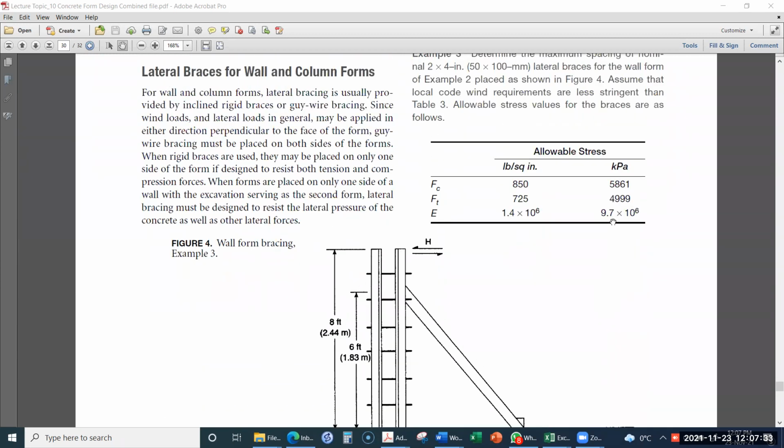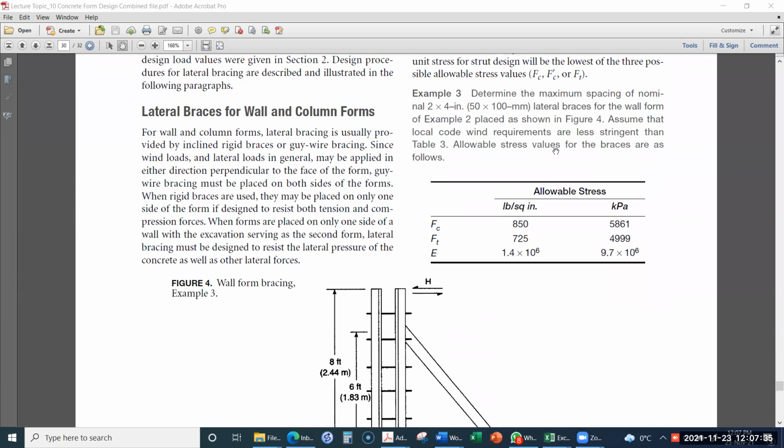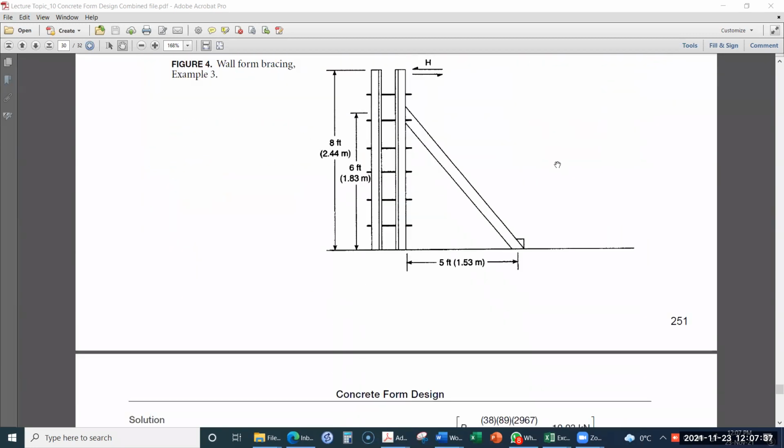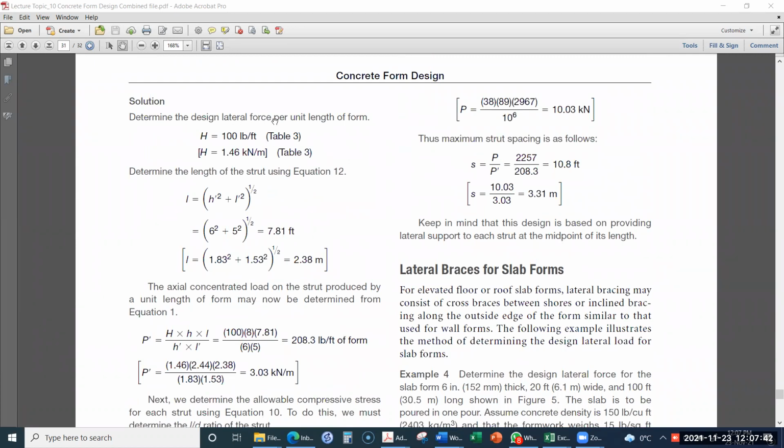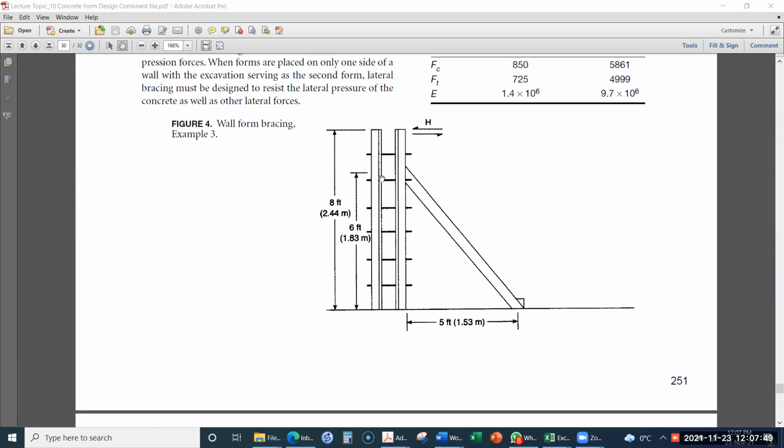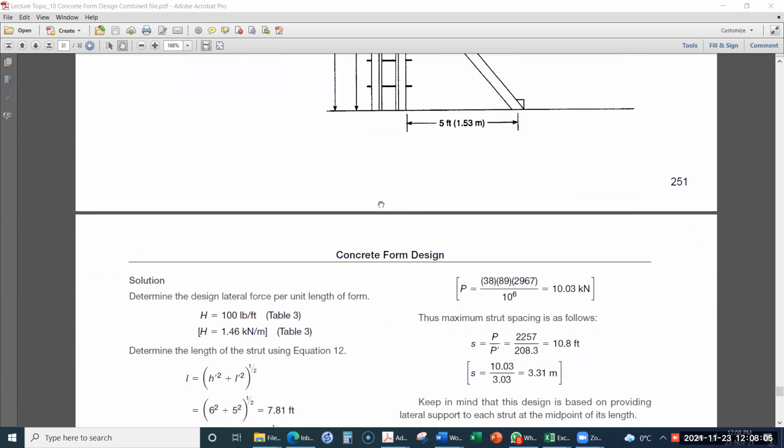So in this example, what we have to determine is the maximum spacing. First of all, we will determine the design lateral load per unit length of the form. For example, if this is the formwork as shown on this screen, perpendicular to the plane of this screen, per meter length, we will consider the force.